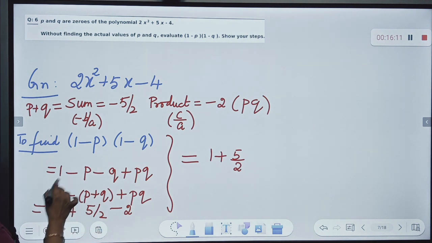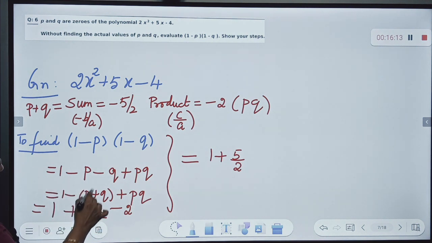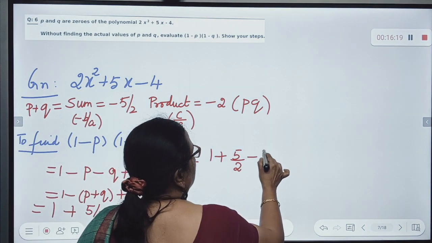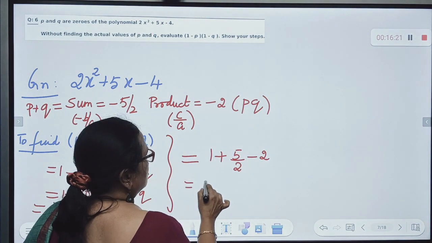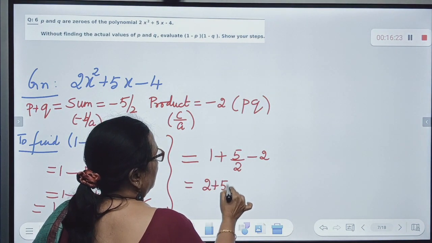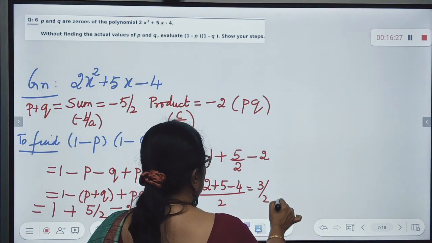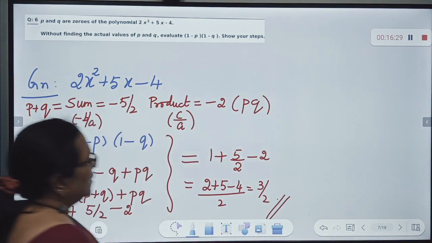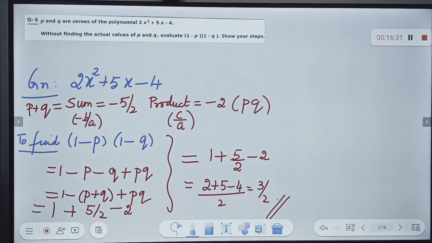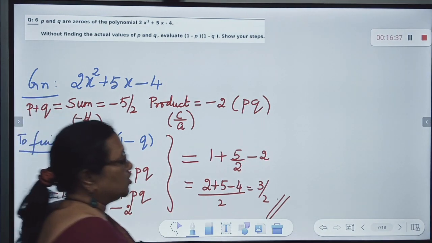So minus of p plus q, minus of minus 5 by 2, is plus 5 by 2, and the product is minus 2, which gives 2 plus 5 minus 4 by 2, which is 3 by 2. So without solving, we are able to find the value because we know the relationship between the zeros and the coefficients of a polynomial.